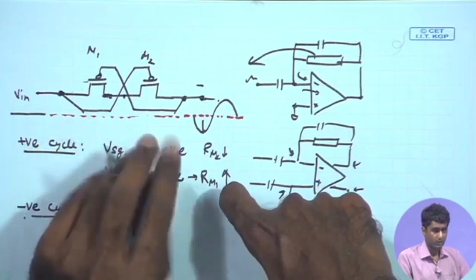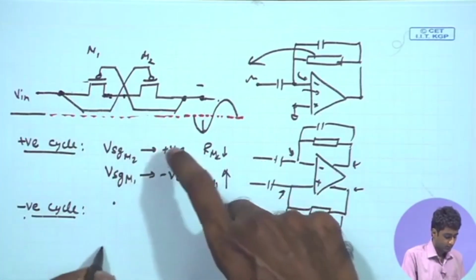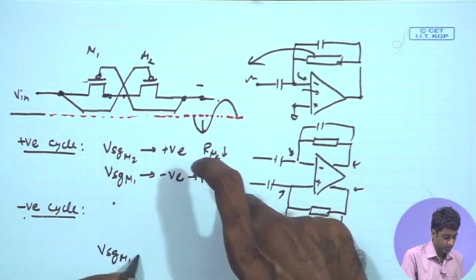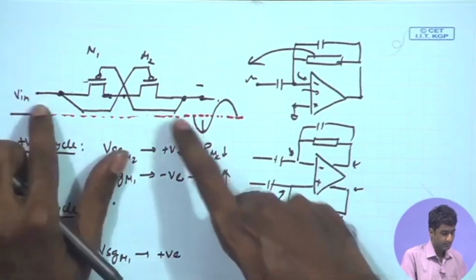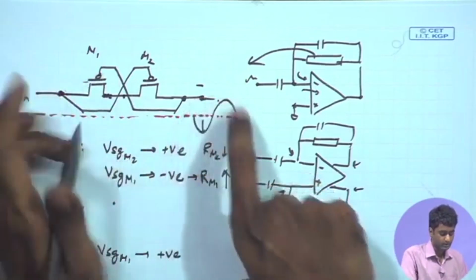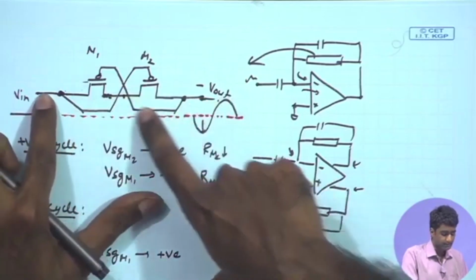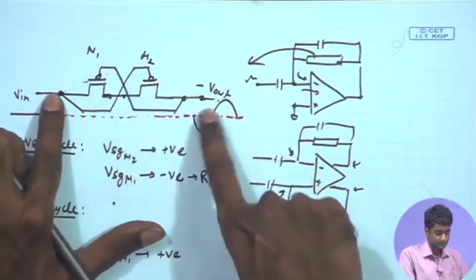Under that condition, what we see is for M1, the VSG of M1 is becoming slightly positive, because V in is higher than the V out over here. So, this is basically your V out. So, V in is higher than the V out under the negative cycle.